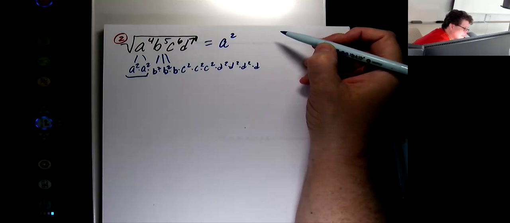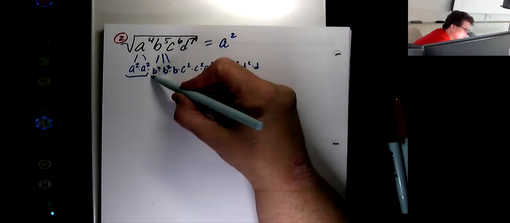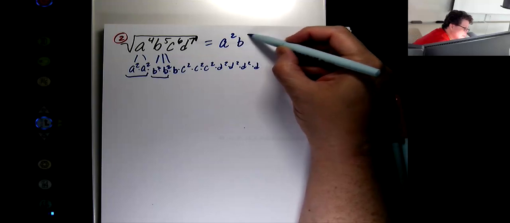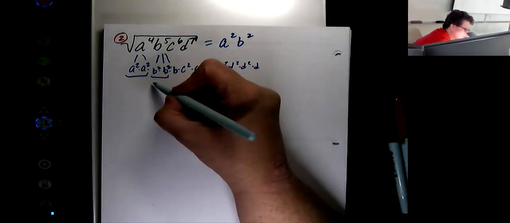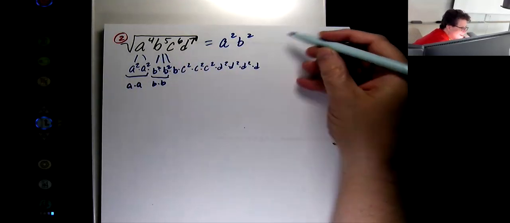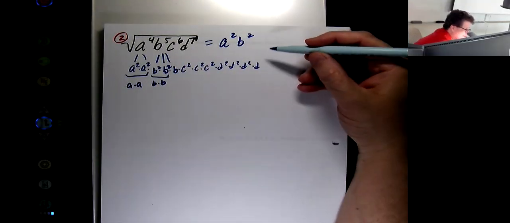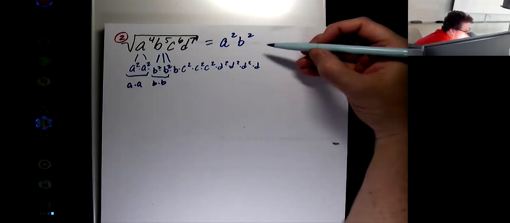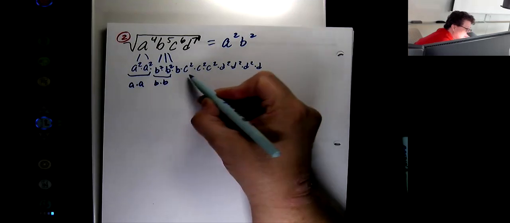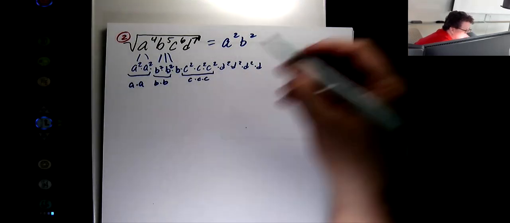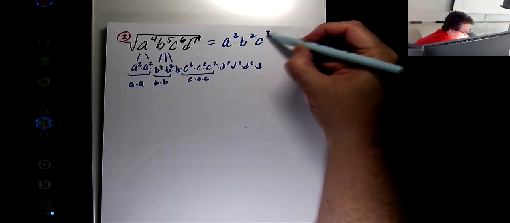And then we pull two B's out. What's this leave over here? B squared. So when you're saying pull out two B's, you mean B times B, and A times A. I figured that's what you meant, but I wanna make sure. And then I could pull all of the C's out, so it would be C times C times C, which is C cubed.